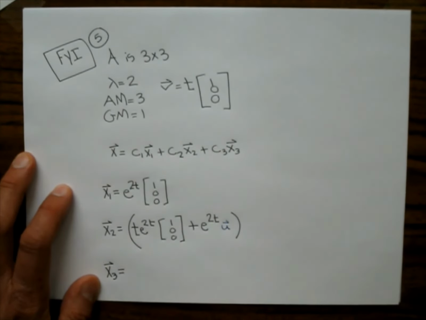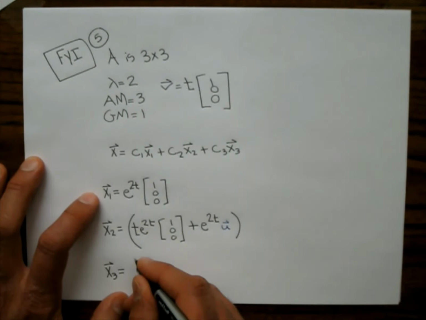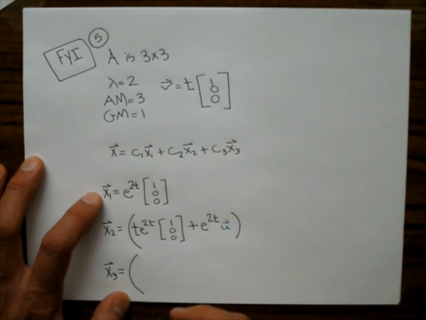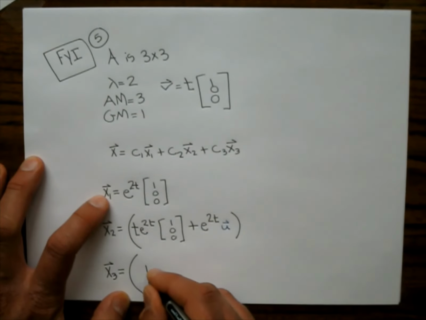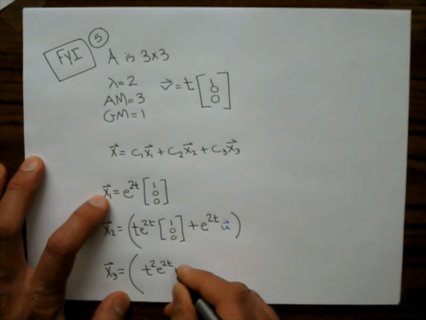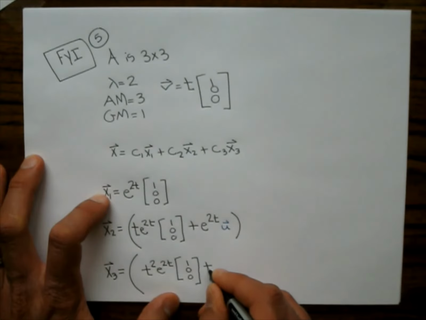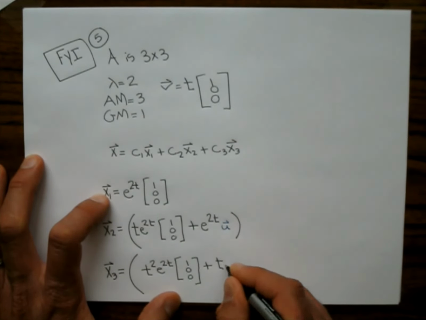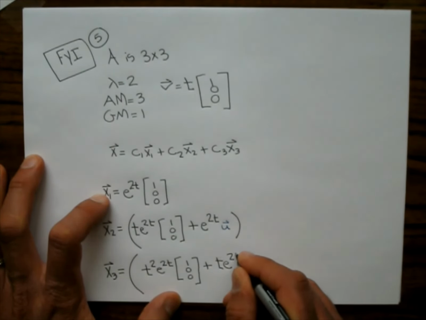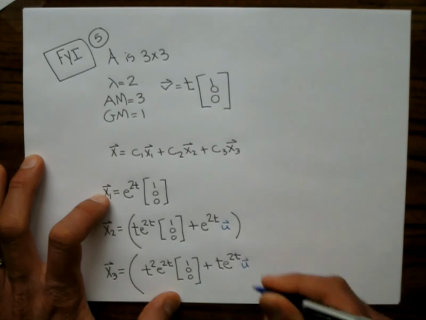And you might guess what it is. And so here is, maybe you would put parentheses around there. So here's what the guess would be. T squared e to the 2t. And then this would be 1, 0, 0. And then this would be plus t e to the 2t. Here's your new u.